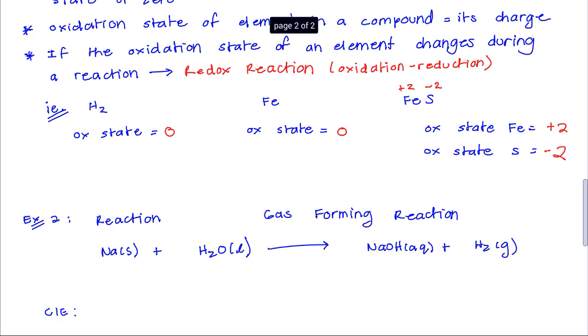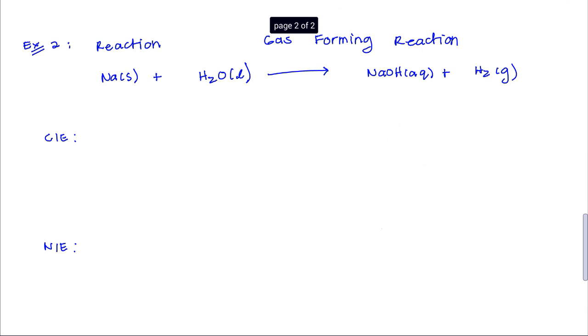Now let's look at a reaction. So one type of reaction where we are moving around electrons is a type of gas-forming reaction. So if we take sodium metal and we add water to it, this is an extremely exothermic reaction. This can actually catch fire. We're going to produce two products.